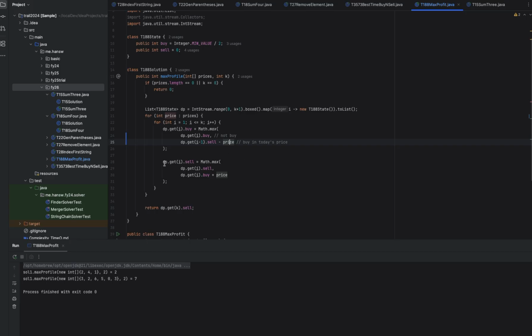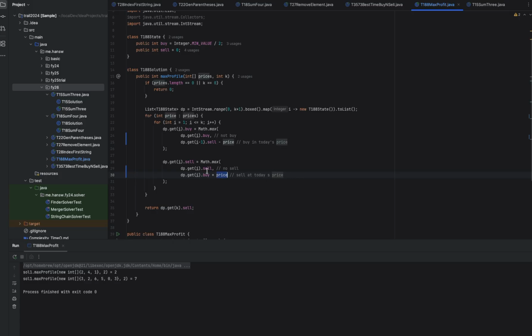Then for each sell position in the transaction, we compare the current sell position with no sell against selling at today's price, where the price will be compensated.